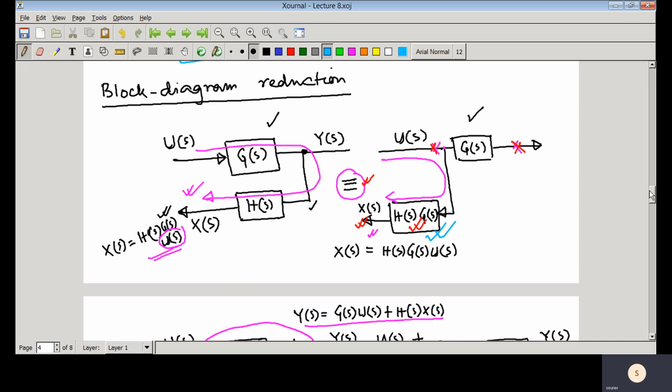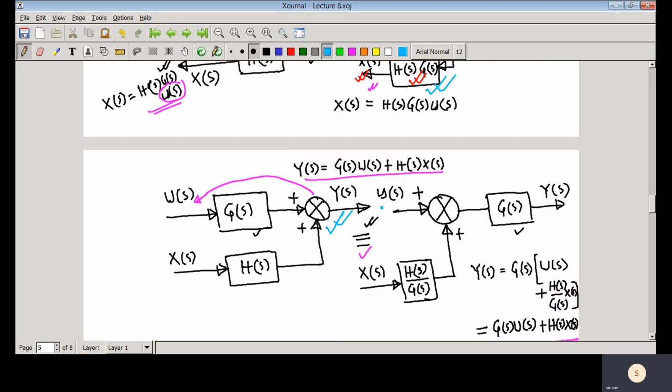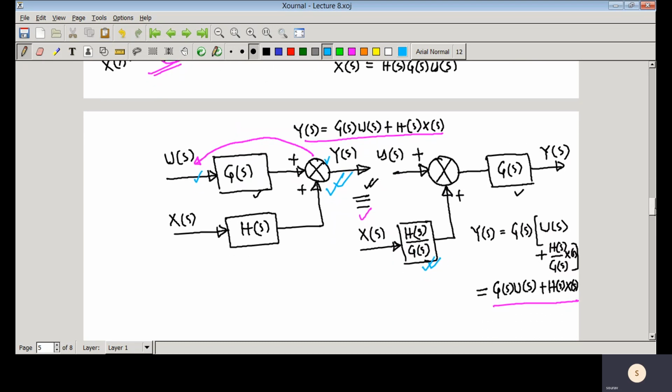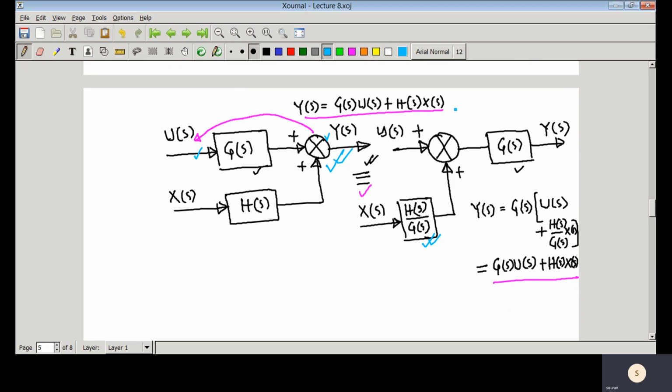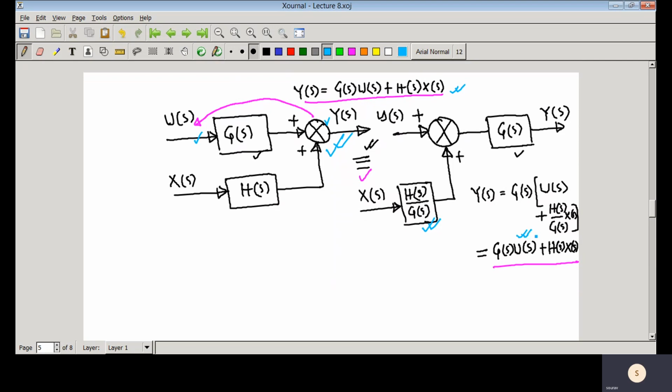So here there will be a product, and whenever you change that comparator position from this place to this place, then there will be one division. It is very easy to understand just by looking at that final expression. You need to make both the expressions the same, and accordingly you need to modify the block diagram transfer function.